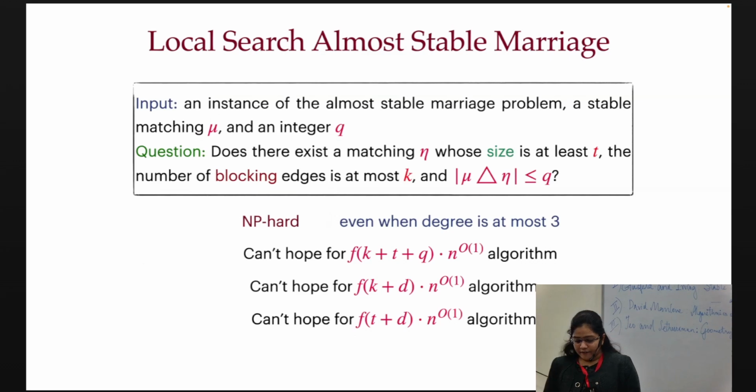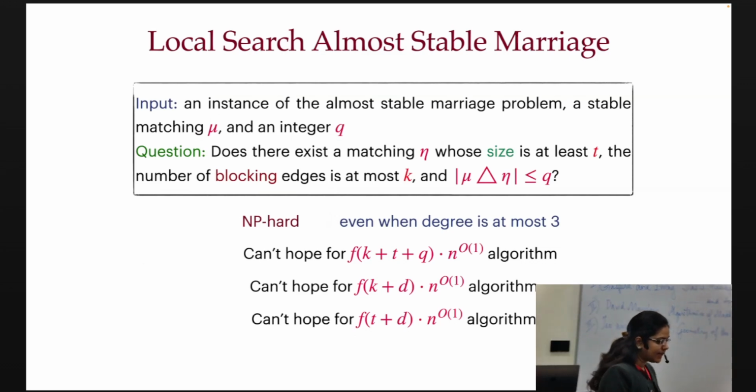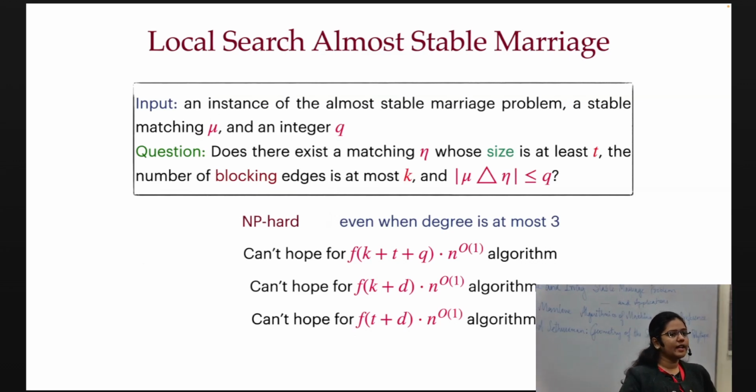But when we try to decrease the degree, we have long augmenting paths, right, because we added a lot of new edges, and when there is an augmenting path, all of them are basically contributing to your symmetric difference.